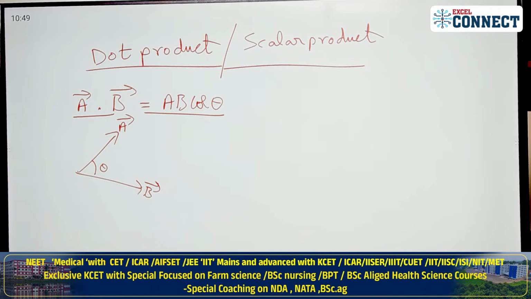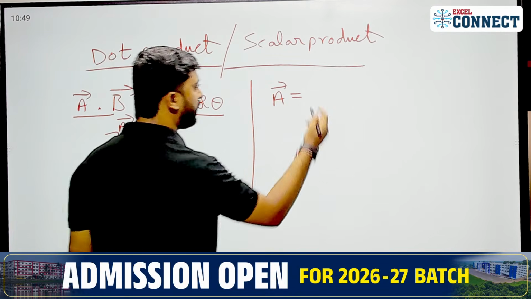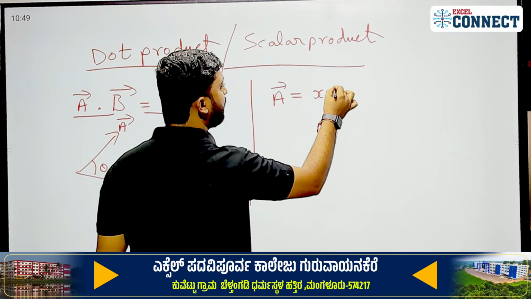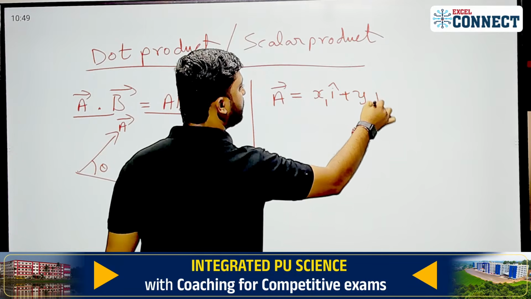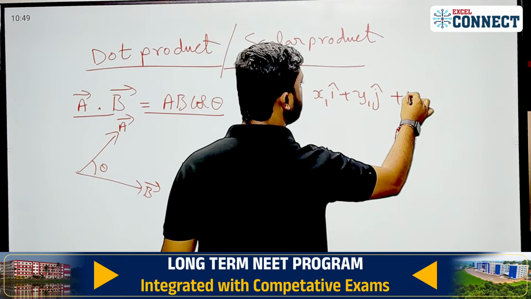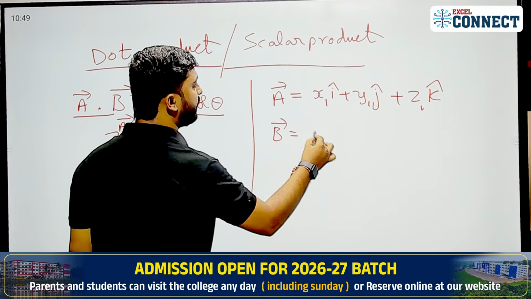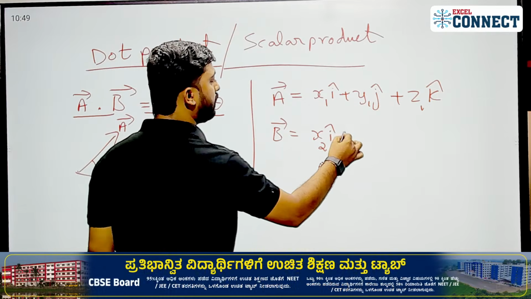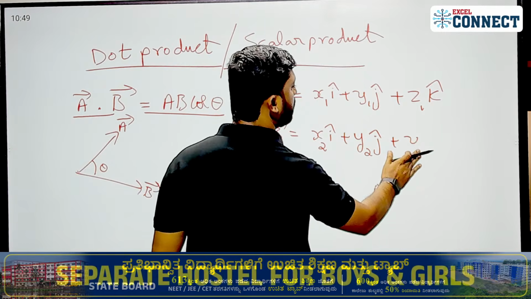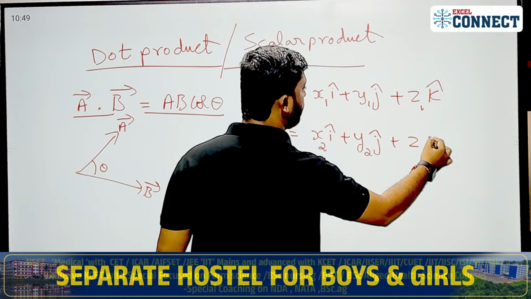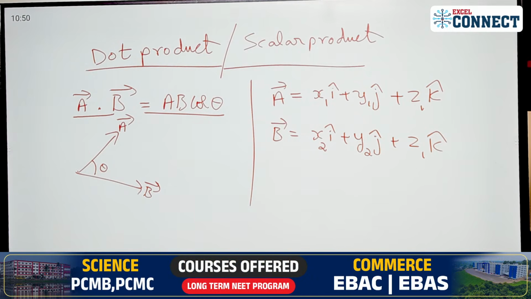Okay. And in another method, a vector is represented by some coordinates. For example, x1 i cap plus y1 j cap plus z1 k cap. And the second vector is also given by coordinates, x2 i cap plus y2 j cap plus z2 k cap. Okay. Sometimes they will give the magnitude and the angle.